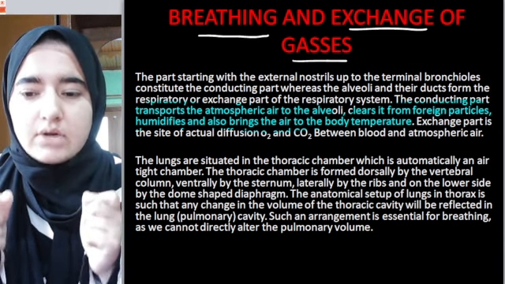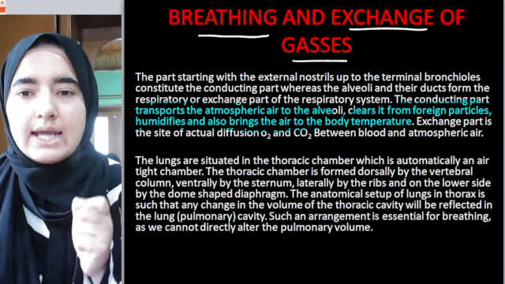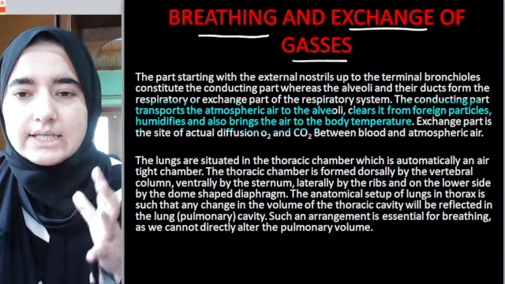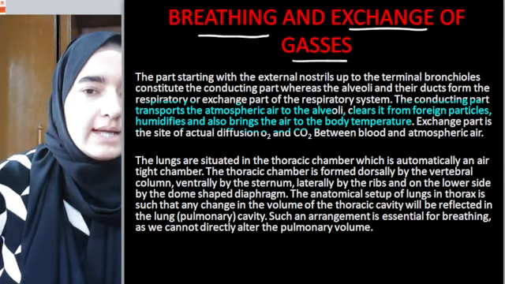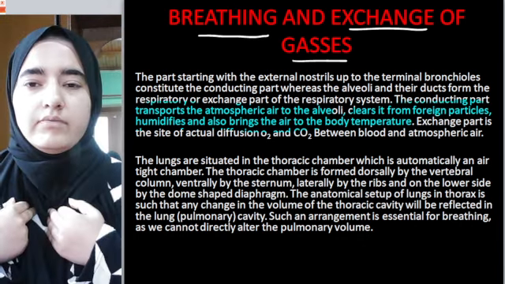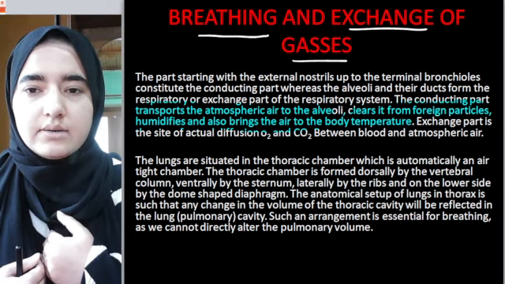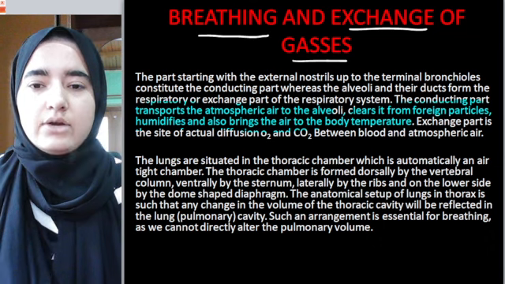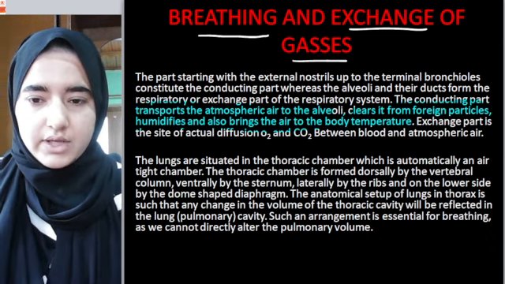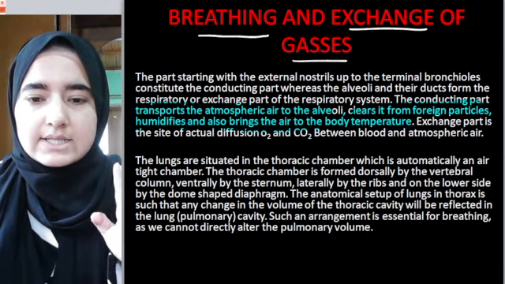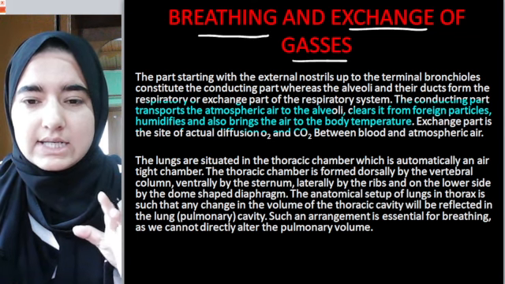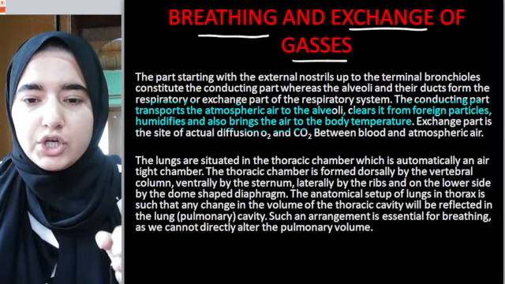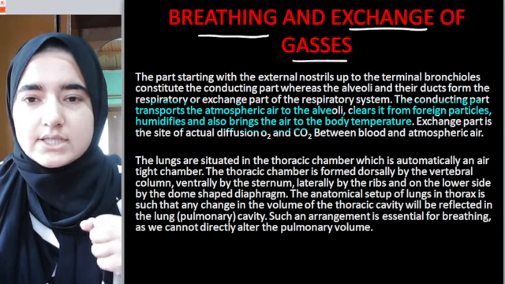Lungs are situated in the thoracic chamber, which is an airtight chamber. It is formed dorsally on the back side by the vertebral column, ventrally on the front side by the sternum, laterally by ribs, and on the lower side by the diaphragm. Now, lungs in thorax are situated such that the volume of the thoracic cavity will be reflected in the lung.